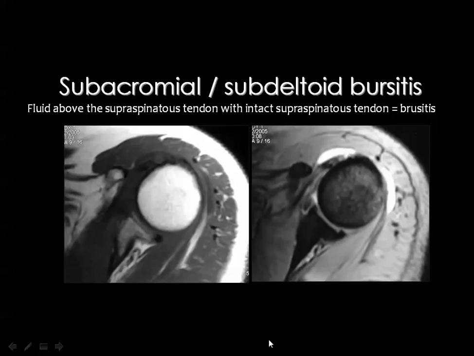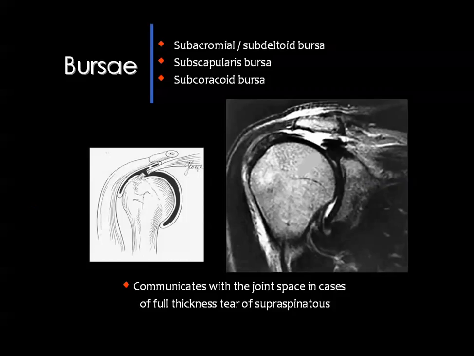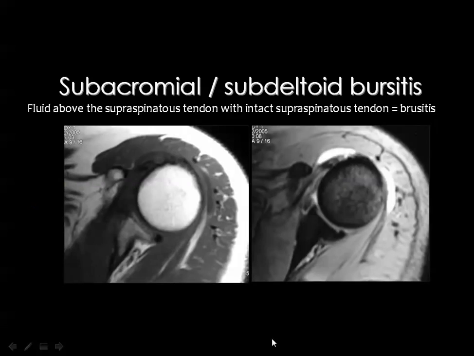Then one thing to be mentioned here, if you see there is full thickness tear of the supraspinatus tendon, and you can detect the fluid in the subacromial bursa, you know that this fluid is not secondary to bursitis, but it is the extension of joint effusion into the subacromial bursa secondary to rupture of the supraspinatus tendon.